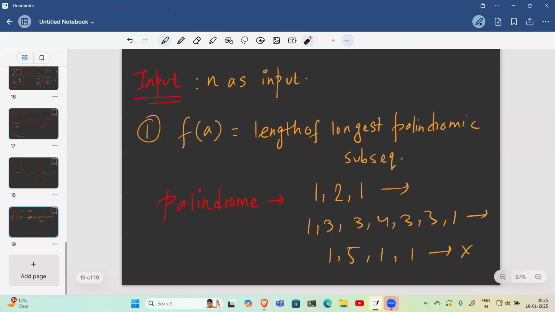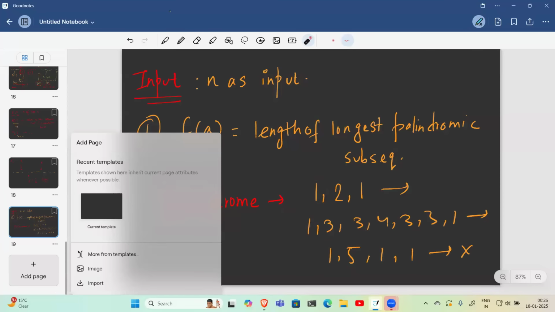Why? Because if you read it from front to back, it is 1511. If you read from back to front, it is 1151. So it reads different when read from back to front. So this is not a palindrome, but these two are.